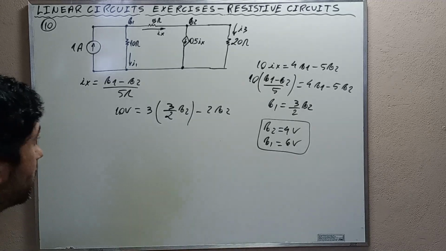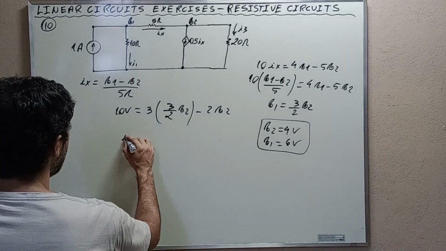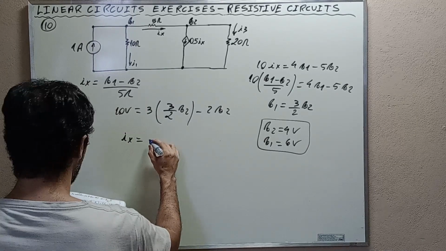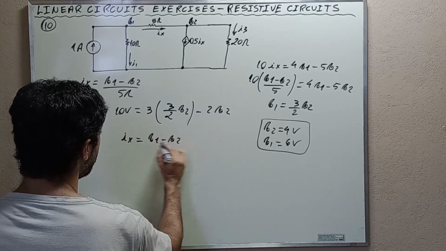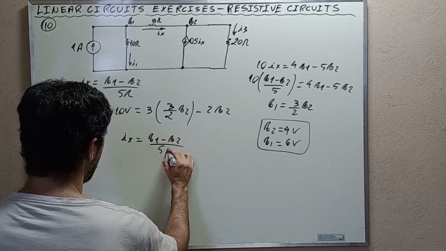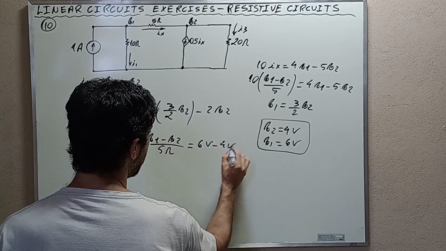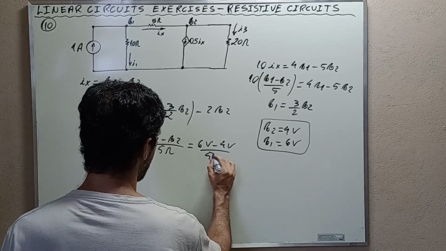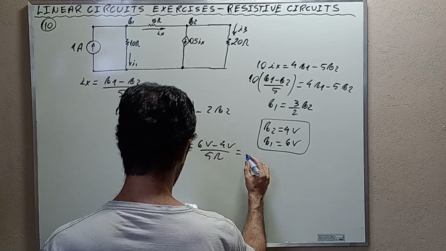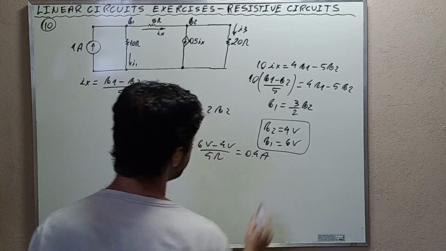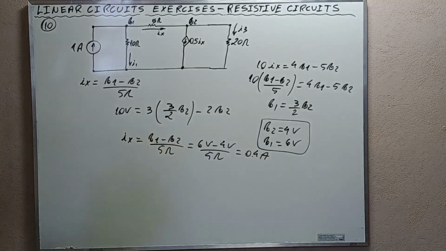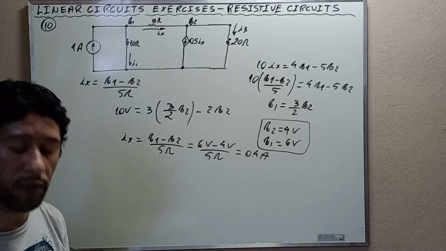We can calculate the value of Ix. Ix is equal to V1 minus V2 divided by 5 ohms, which is 6 volts minus 4 volts divided by 5 ohms, and this is equal to 0.5 amps. This is the value of Ix, and this is all the exercise wanted from us.